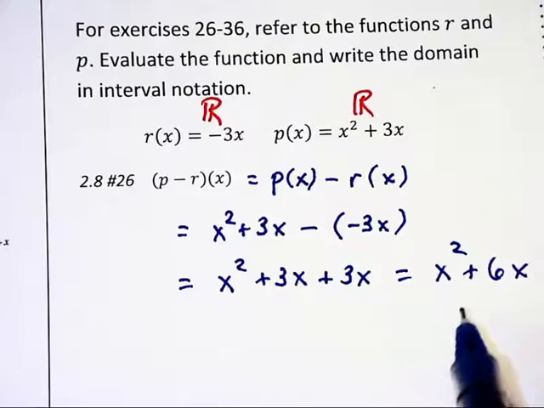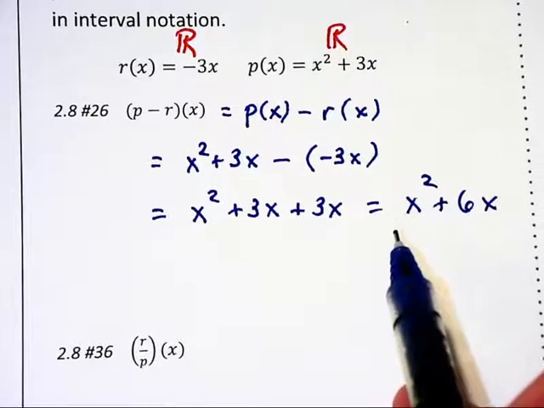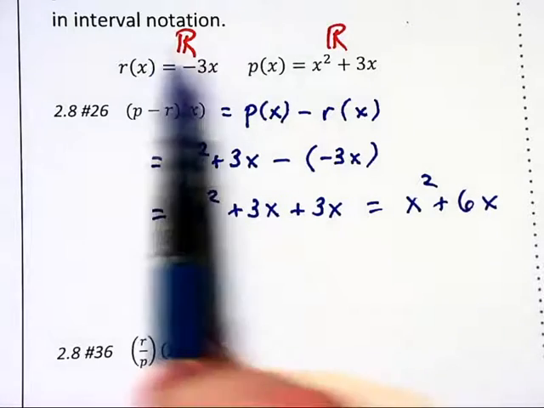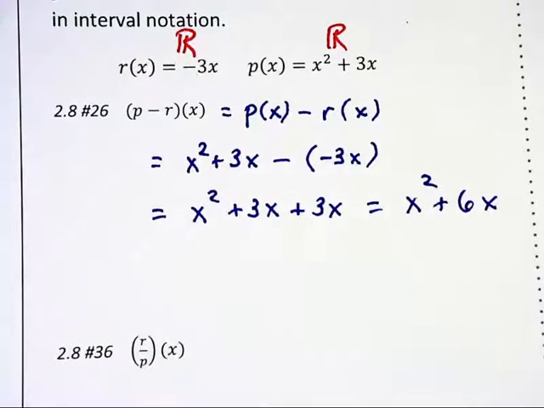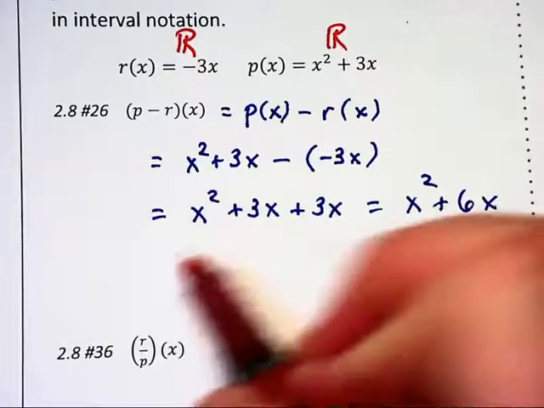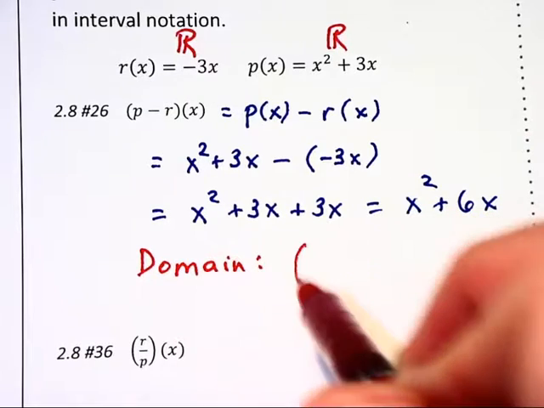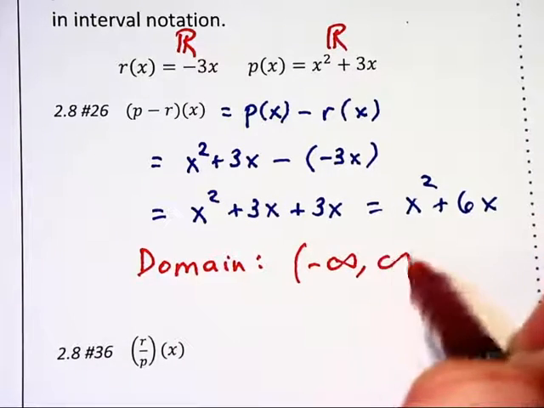Now we can just look at that polynomial and know that its domain is all real numbers. Or we could look at the original two functions, and since they both had all real numbers as their domain, this would be domain of all real numbers for the combined function. So the domain here is negative infinity to positive infinity.